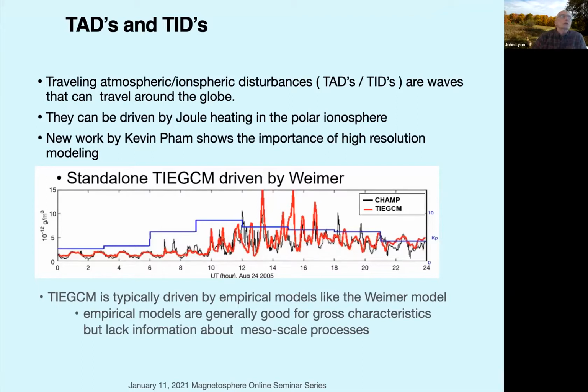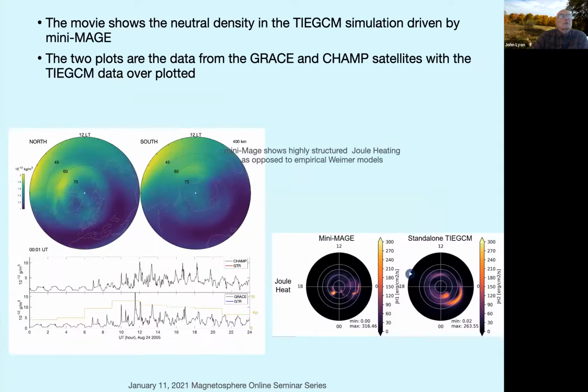Not too surprisingly, because the empirical models tend to give you the gross features, but not any of the detailed mesoscale stuff.